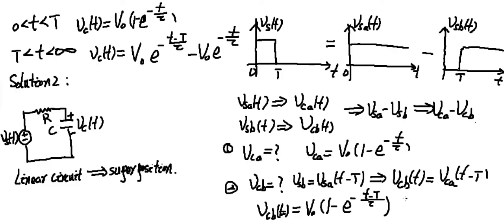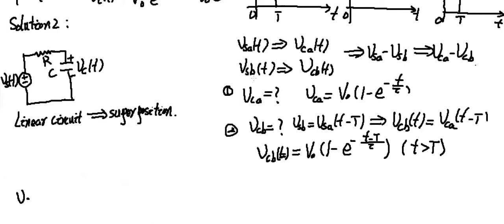That is, this expression only holds when t is bigger than capital T. If it's not this case, then your output should be equal to 0. Between 0 and capital T, the output corresponding to VSB(t) should be equal to 0. So when we do a superposition between those two functions, we can discuss two different regions.